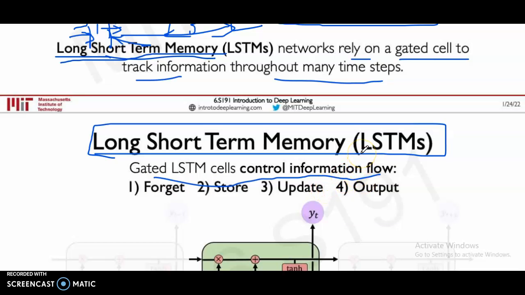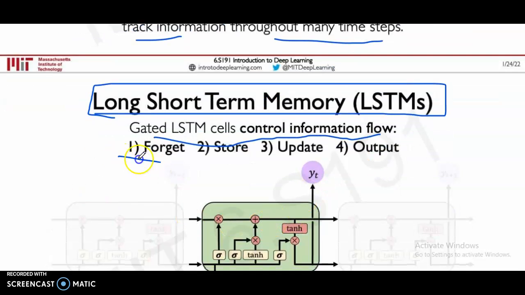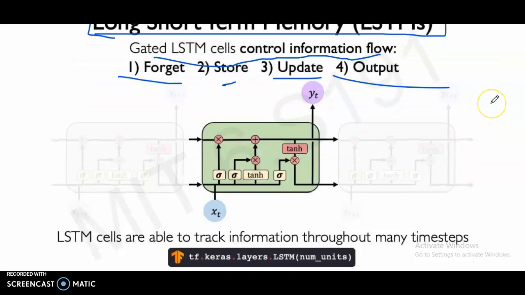Gated LSTM cells control information flow: forget, store, update, output. First we will forget, then store, then update, then output.